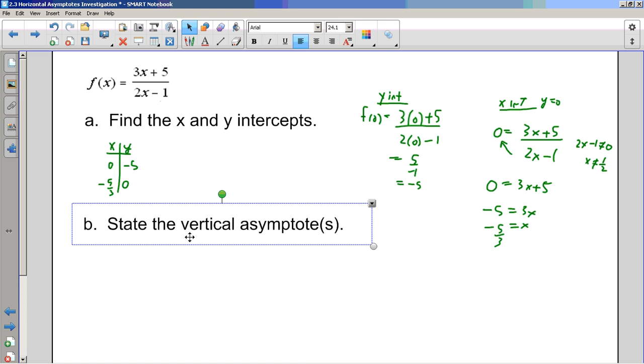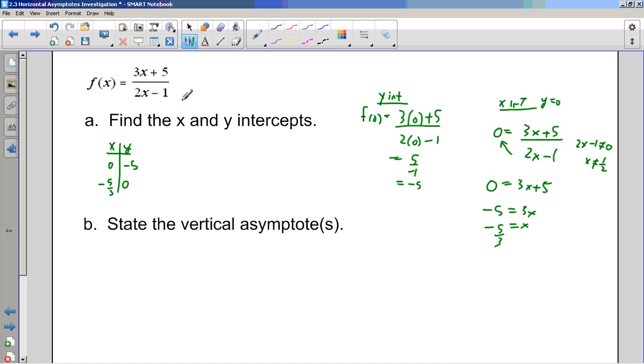State the vertical asymptotes. Well, remember, the vertical asymptote occurs when the bottom equals 0, almost all the time. Remember that we did have that weird case last class where if there was a factor on the top and bottom that canceled, the graph had a hole at that value, a half in this case.